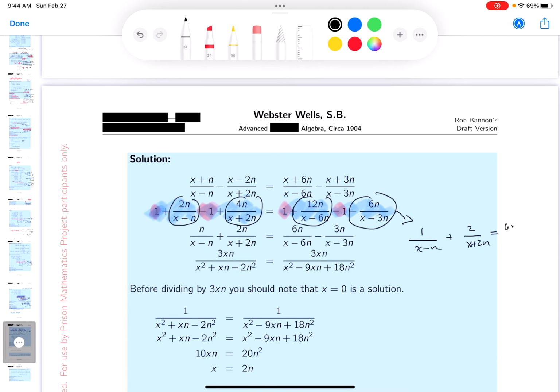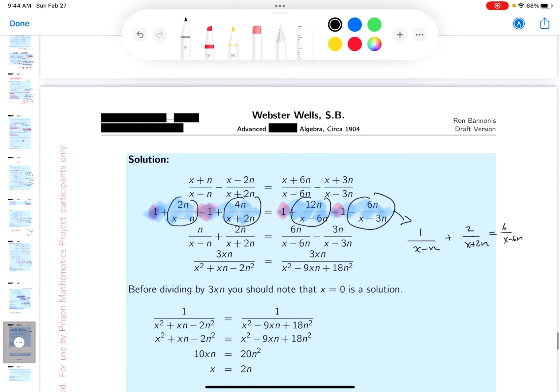I'm sorry, not 6n. I'm dividing by 2n. So 6 over x minus 6n. And then you get minus, let me see if I said that right. Yep, minus. What do you get there? Well, it's 3, right? Over x minus 3n.